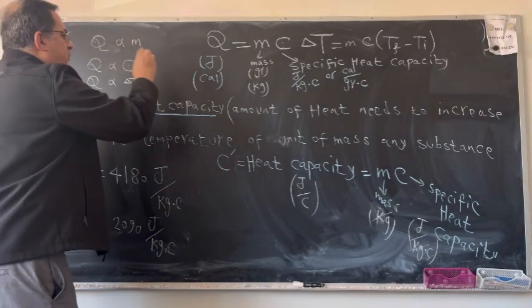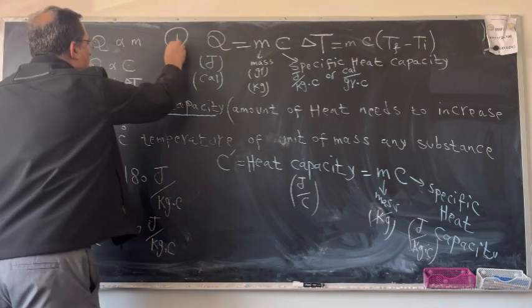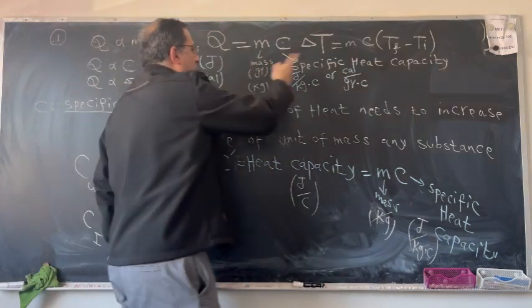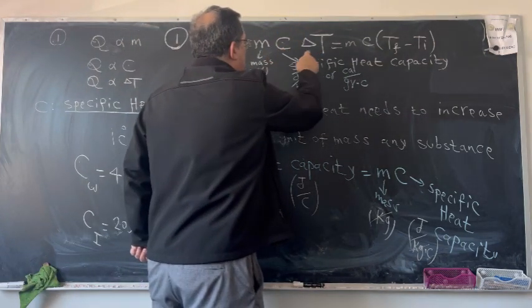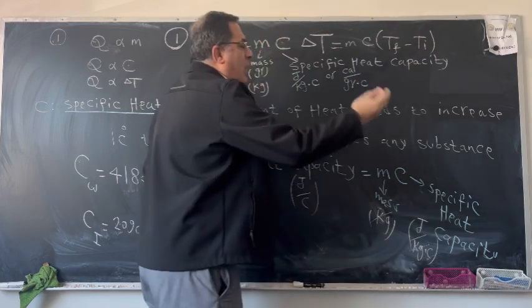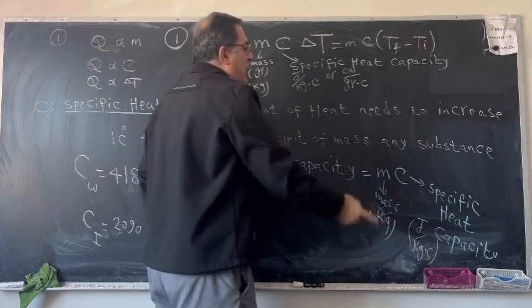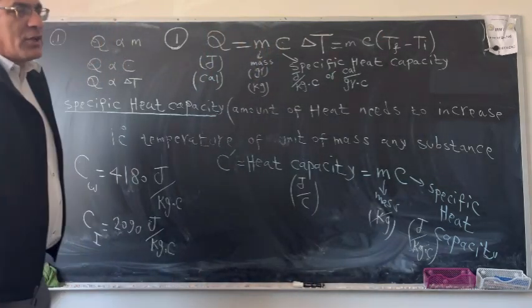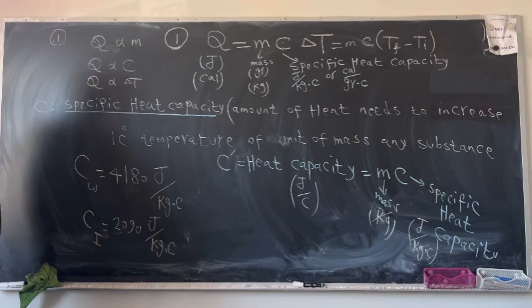So, the first formula for heat: Q equals m c delta T. M represents mass, C the specific heat capacity, and delta T the change of temperature. How much did the temperature rise or change? Final temperature minus initial temperature, mostly in Kelvin or centigrade.